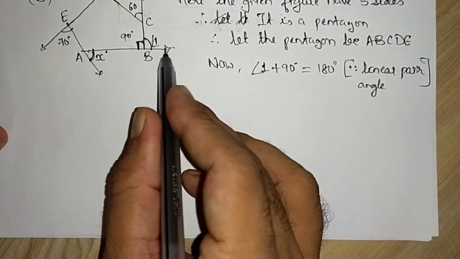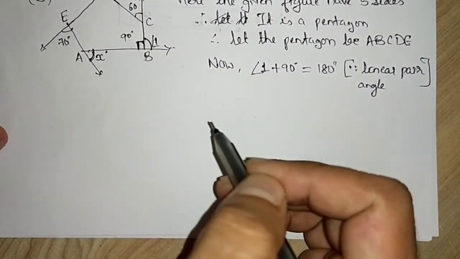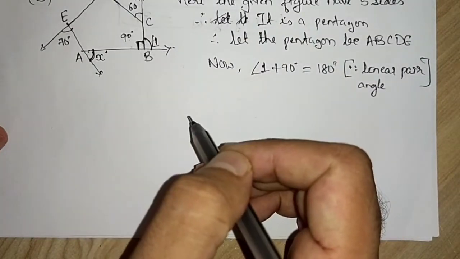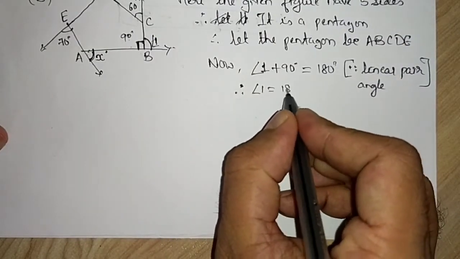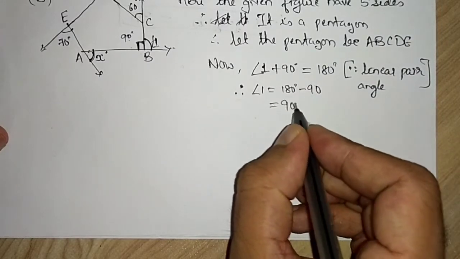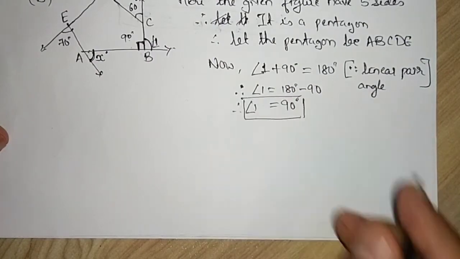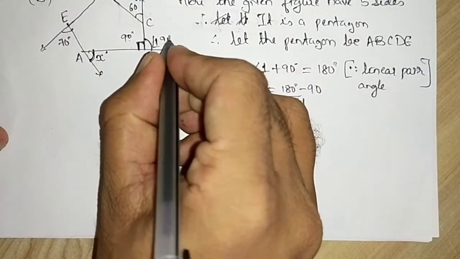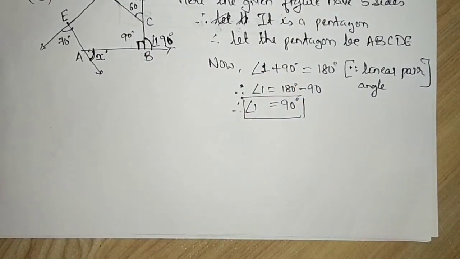If a line is standing and you have two angles on it, the sum of them is 180 degree. Therefore angle 1 is equal to 180 degree minus 90 degree, so angle 1 is equal to 90 degree. The one which we wanted is ready now.